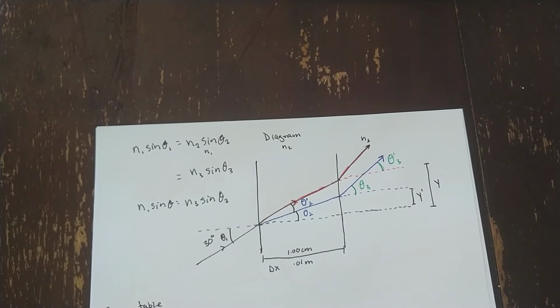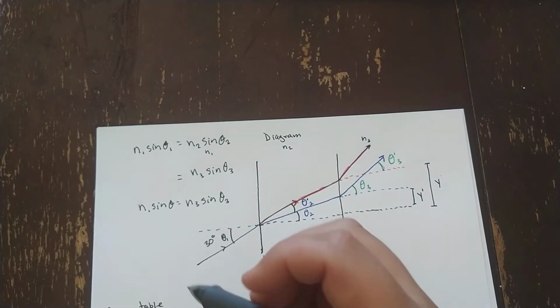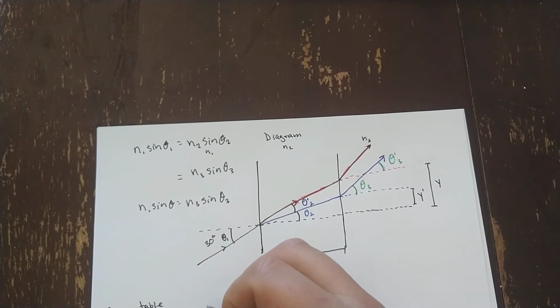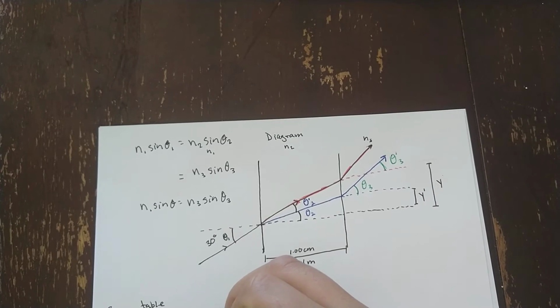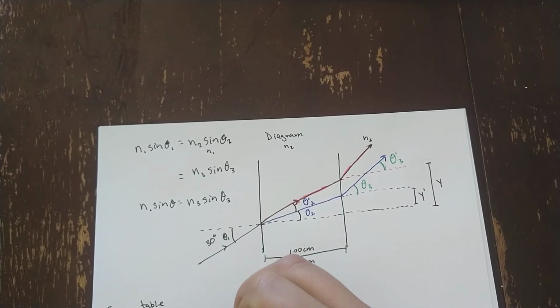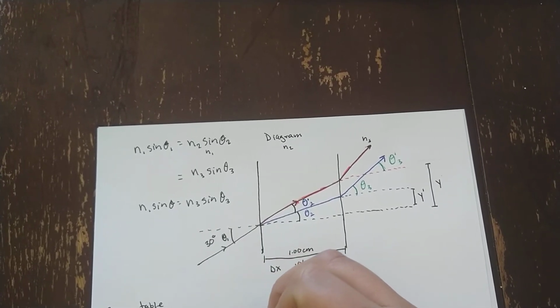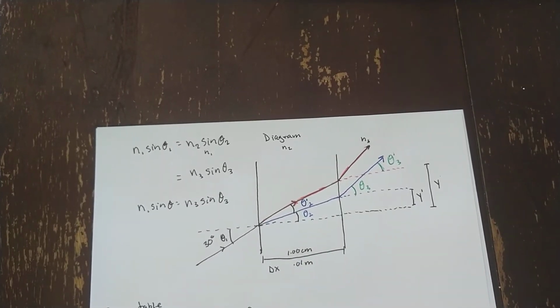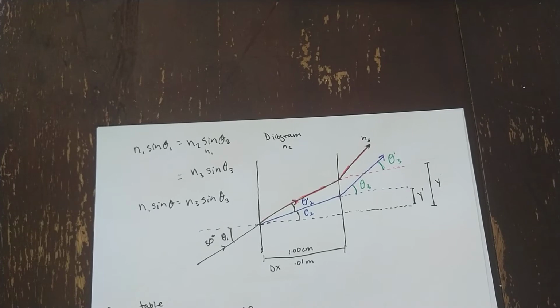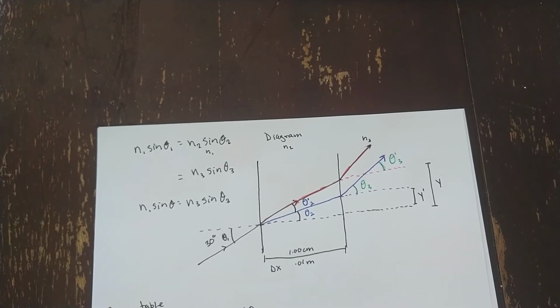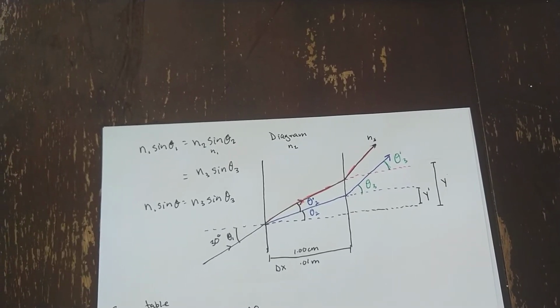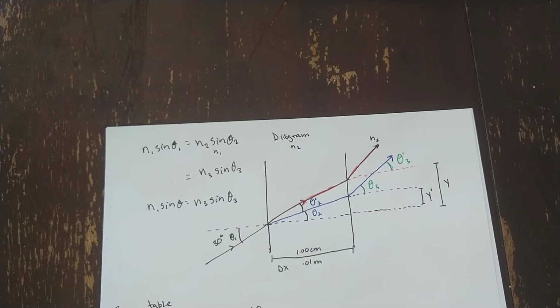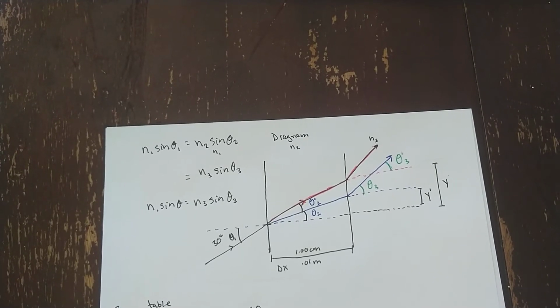Now, from our table, the N value for air is just going to be used as 1.00 for this problem. I know that's typically the value in a vacuum; air is about 1.00029, the exact value, but for our purposes we don't really need that.